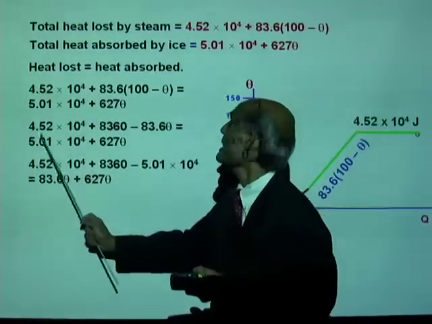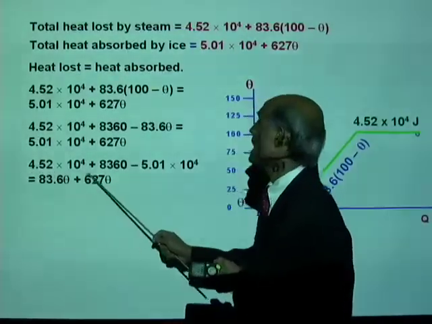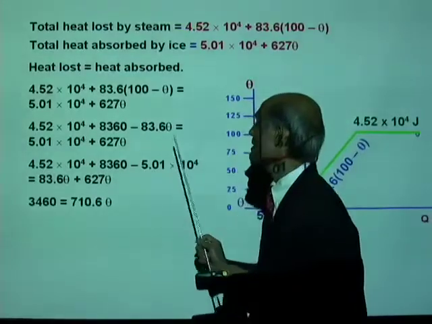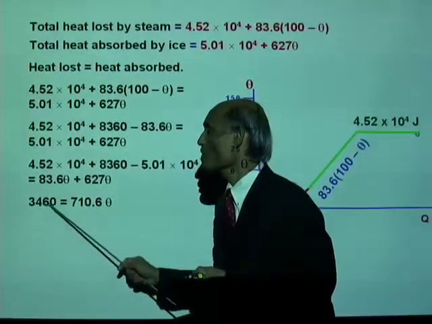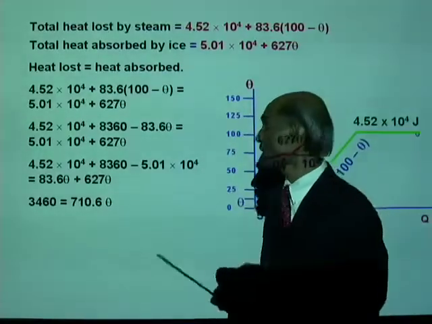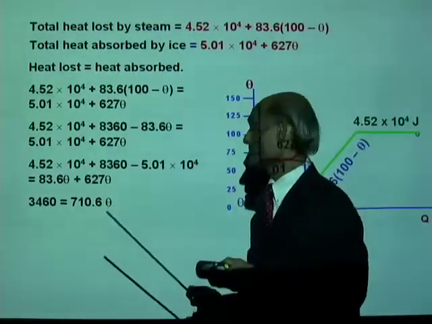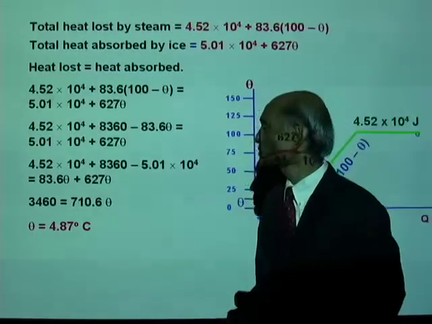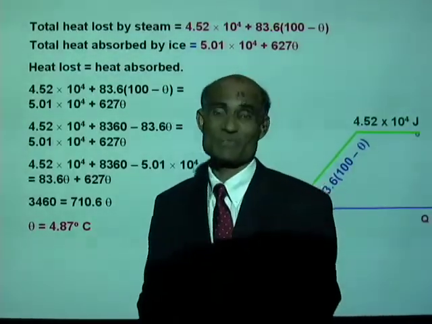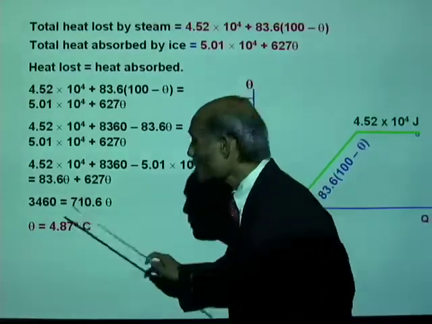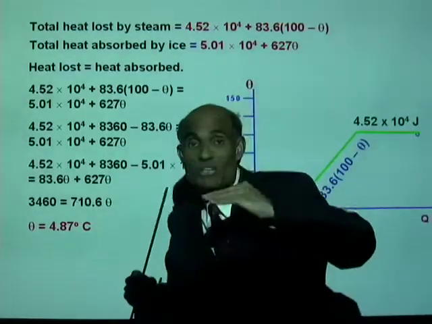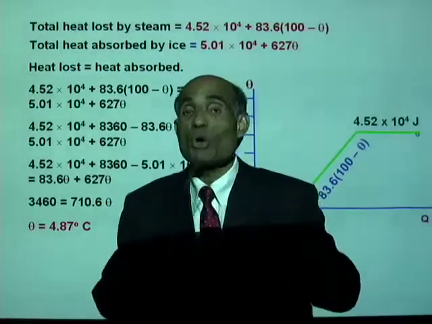And move all the numbers to the left side, and that's what you get. Now simplify that. You get 3460 equal to 710.6 theta, and therefore theta equal to 4.87 degrees Celsius.